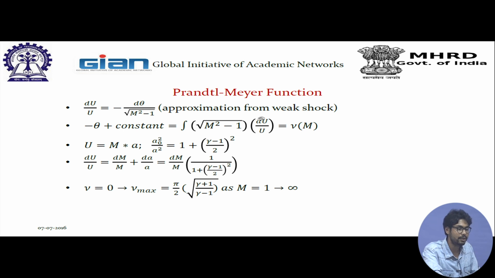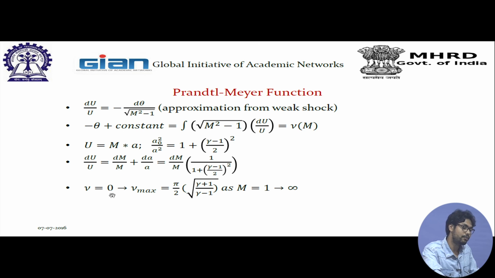How do we get that? If we do some algebraic analysis, we find that this du by u is a function of dM by M, and hence this whole integral is a function of M. So we get the relation between the Prandtl-Meyer function and the flow inclination. So basically we get a relation between Mach number and the flow inclination.